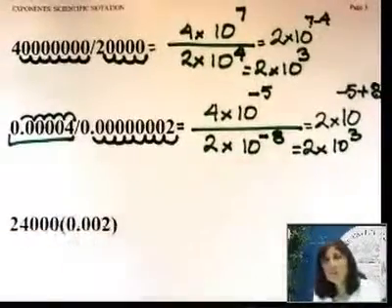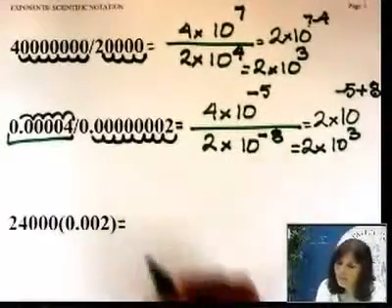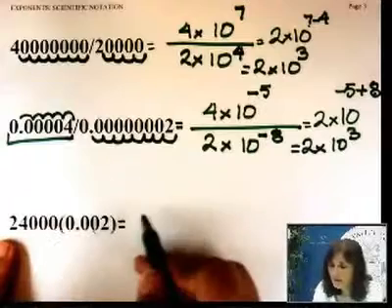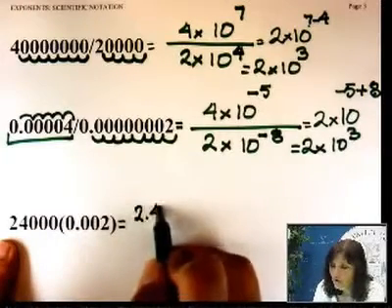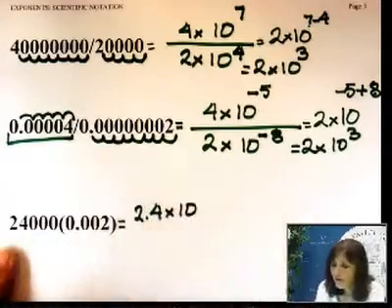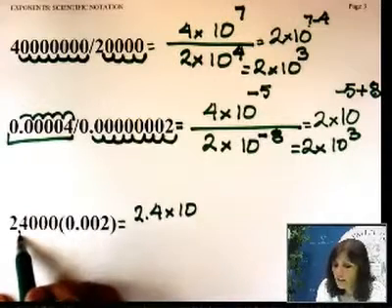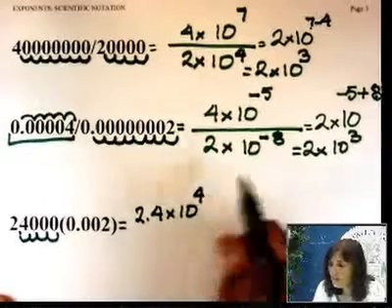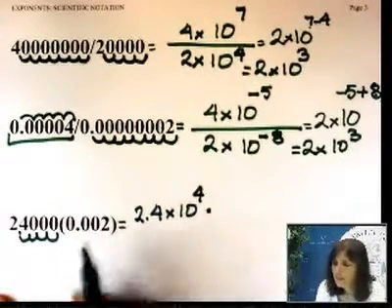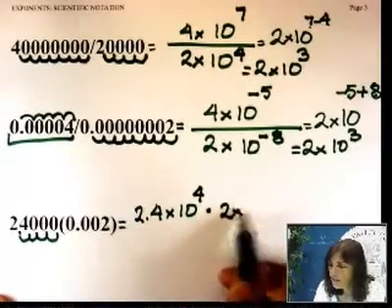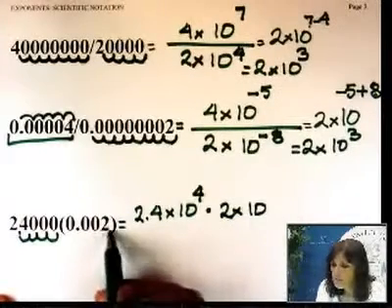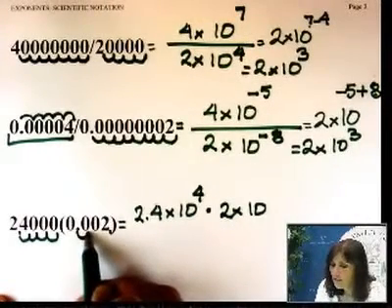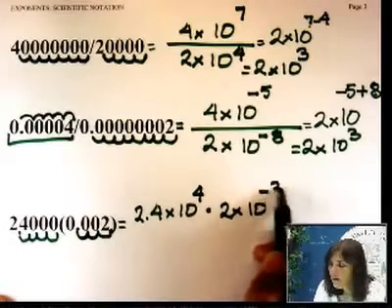How about a big and a small number? Not a problem. I'll write the big number as 2.4 times 10 to the, okay, let's count. 1, 2, 3, 4. Big number, positive, times 2 times 10 to the small number, so it's going to be negative, 1, 2, 3.